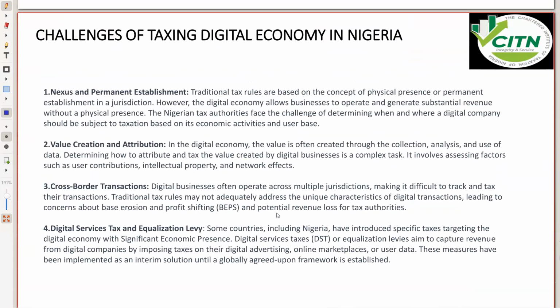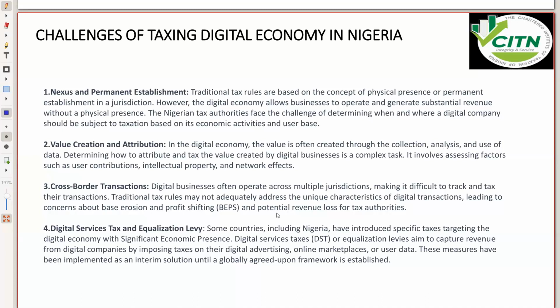of taxing the digital economy. One is the concept of nexus and permanent establishment. Traditional tax rules are based on the concept of physical presence or permanent establishment in a jurisdiction. If you have a presence in a country, it's easier to tax because we know where the office is.